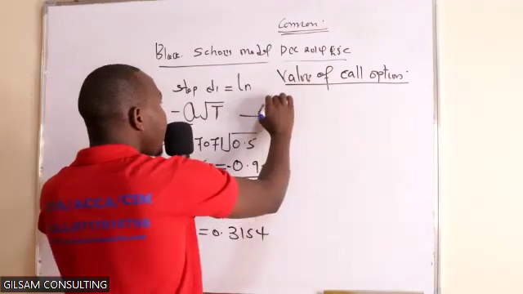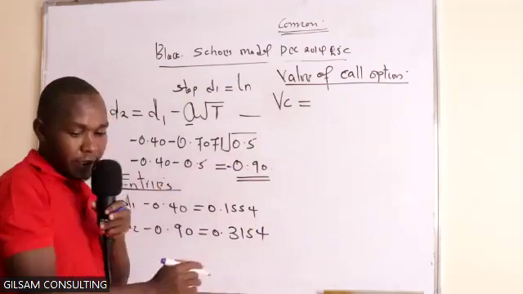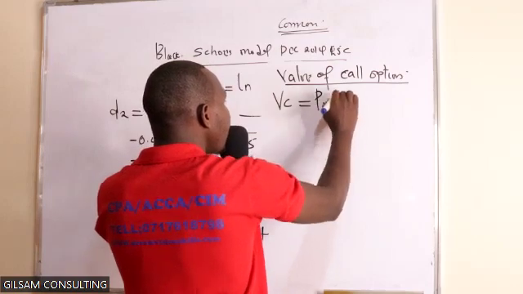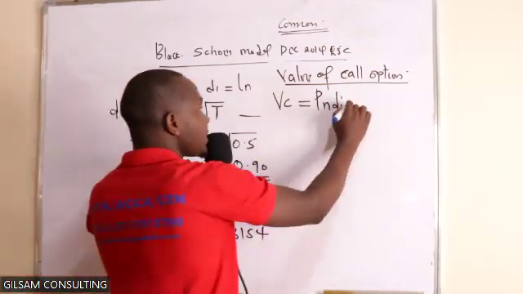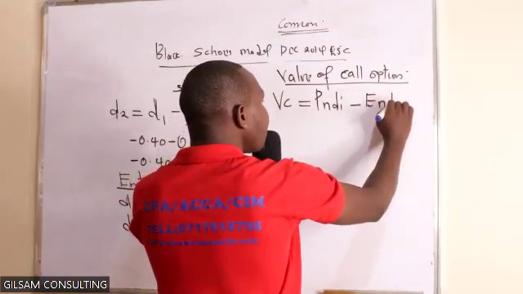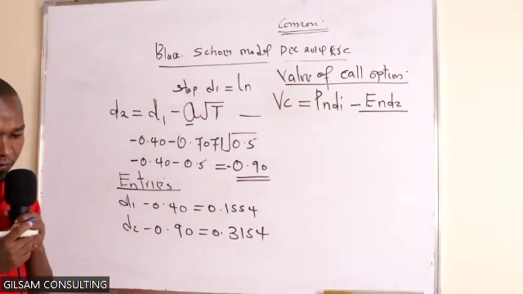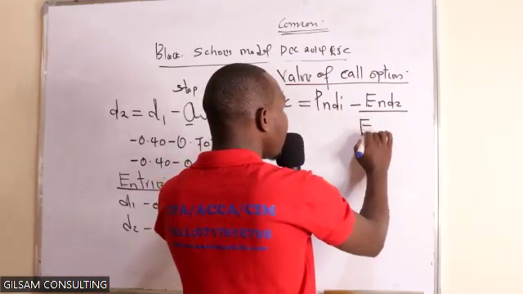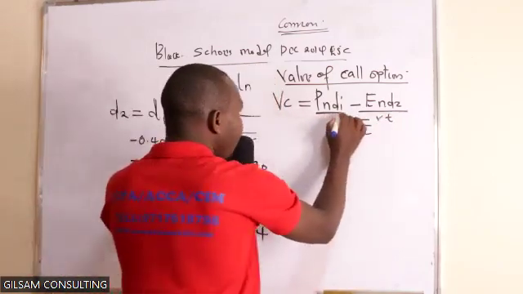So we say VC, which represents the value of the call option: you take the spot rate, multiply by entry one, minus the exercise price, multiply by entry 2, divided by the Euler constant. The Euler constant is written as e raised to RT.